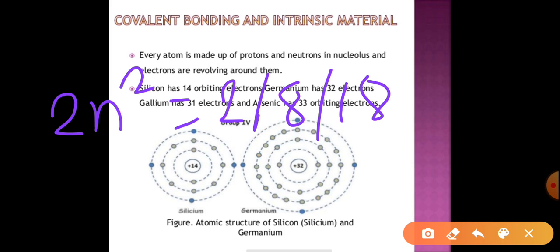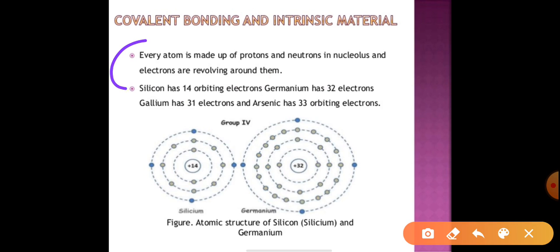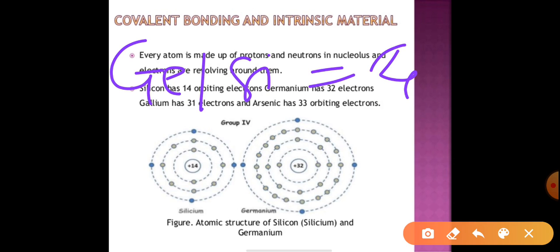So 2 plus 8 is 10, plus 18 is 28, and 4 are remaining. So germanium as well as silicon has 4 electrons in the last orbit, which we call valence electrons. Germanium and silicon have 4 valence electrons.